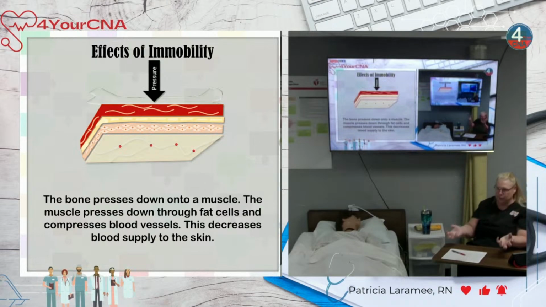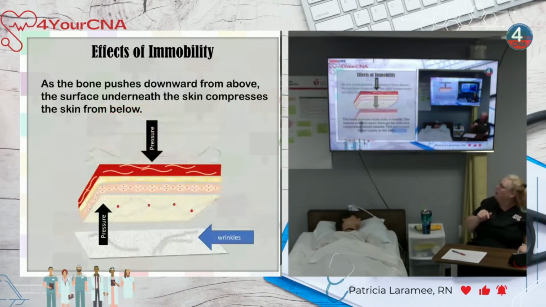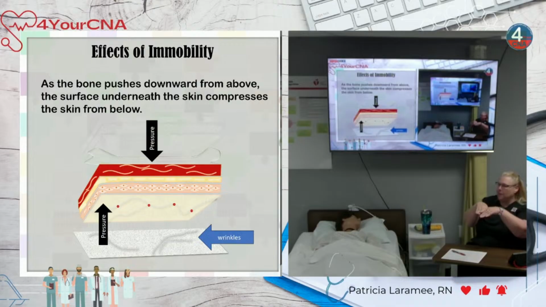Remember, gravity is pulling everything down. Pressure point. Well, what happens is you have blood vessels in those tissues. And as all of that pressure is pressing down on those blood vessels, they compress, just like a straw. Straw is wide open, stuff can get through. But if I compress that straw, no blood coming through.